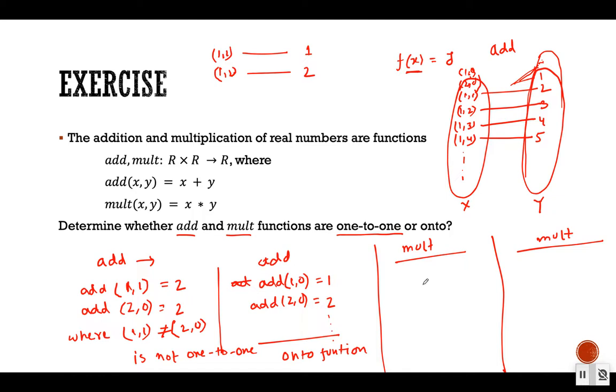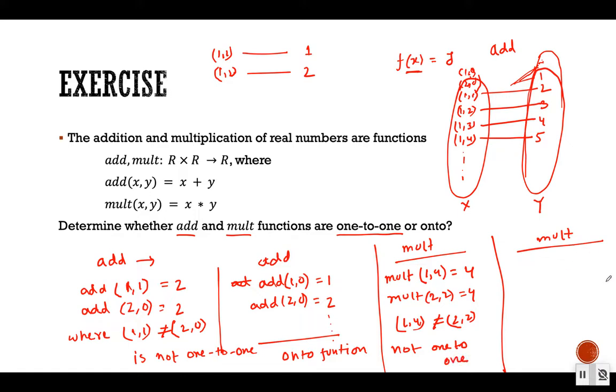Let's see, 1 times 4 equals 4, and 2 times 2 equals 4. So we found at least one example where the input is different but the output is the same. Here (1, 4) is not equal to (2, 2), so it's not one to one.